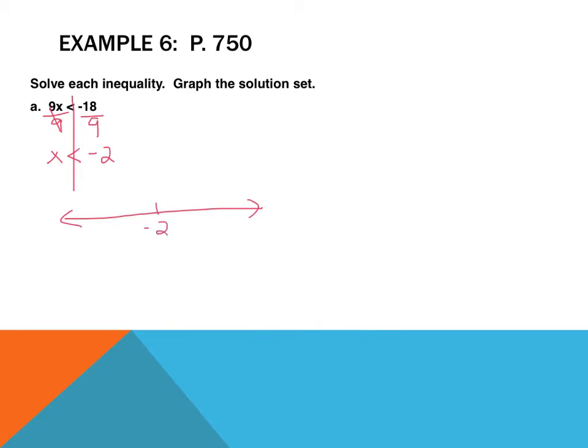It's less than, so I'm going to have a parentheses and shade everything less. And then the arrow represents negative infinity, so the directions don't say it, but just for the extra practice, because most of the problems will ask you in your homework to write in interval notation, so that would be negative infinity to negative 2.